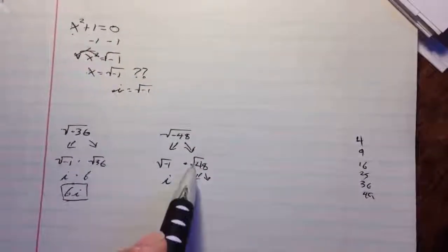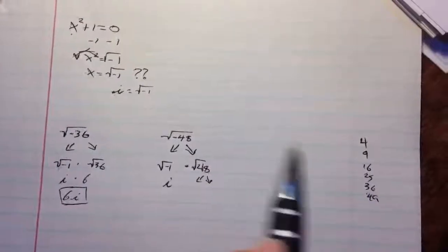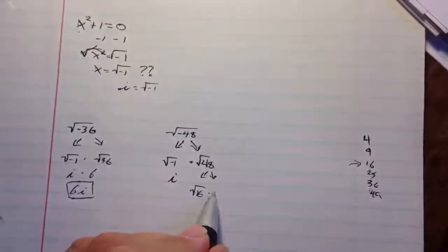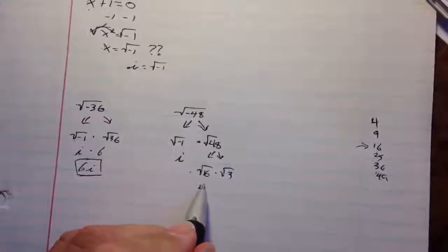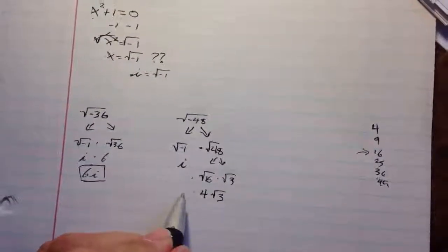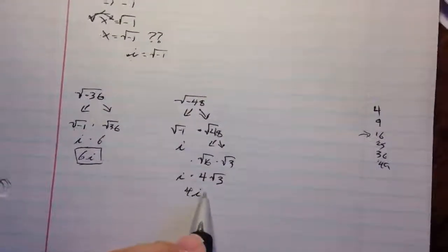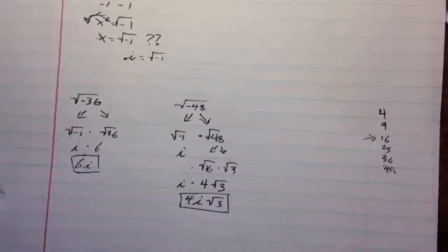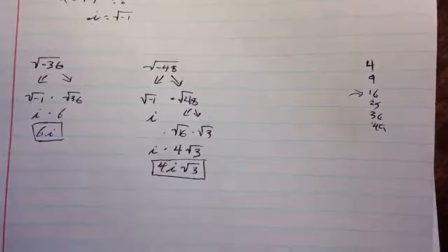Use these to figure out which is the biggest one that'll go into 48. It's going to be 16, because the square root of 16 times the square root of 3 will give me 48. So you have 4 radical 3, and you get times that i. And this right here, I'm just going to turn it around. It's going to look like this right here. So that is what simplifying radicals looks like.